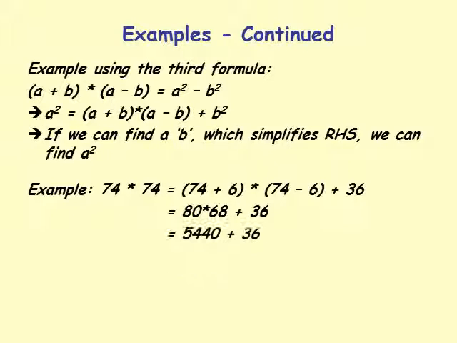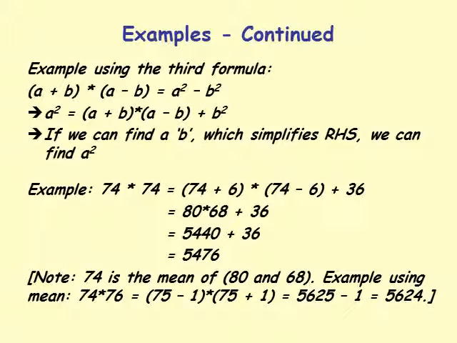Let's multiply these now. 80 times 68: 8 times 8 is 64, there's a 4 here, and 8 times 6 is 48 plus the carry 6, 54. 5440 plus 36 is 5476.